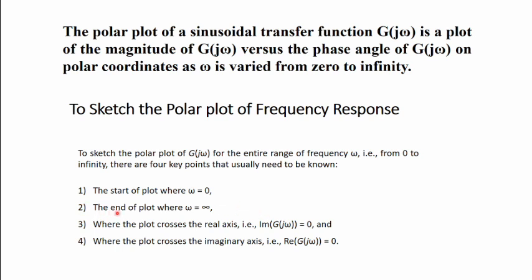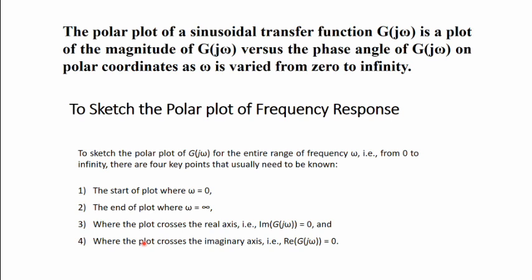Similarly, we want to find the end point of the plot where ω is equal to infinity. So once again we need to understand the magnitude and angle contributed by G(jω) at ω equal to infinity. The polar plot will cut the real and imaginary axis.